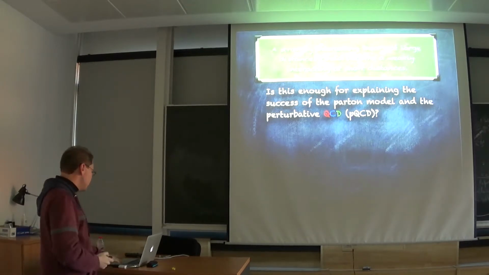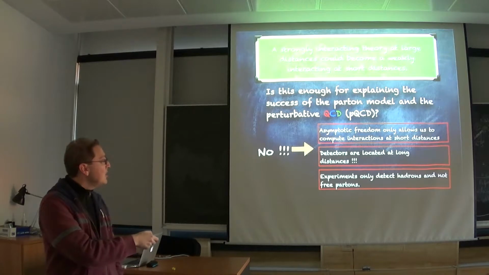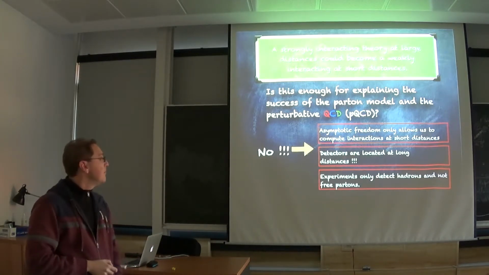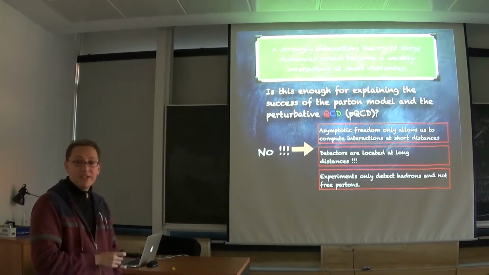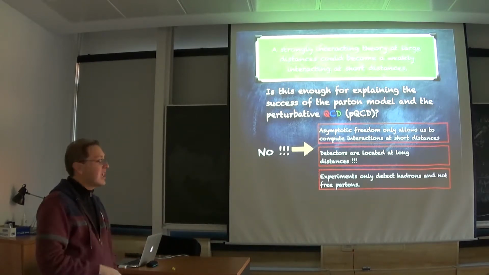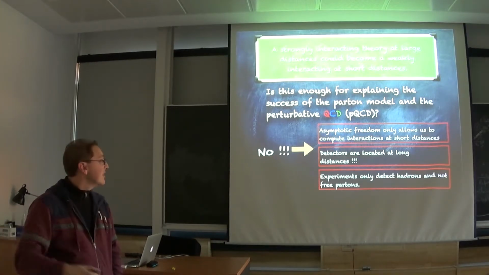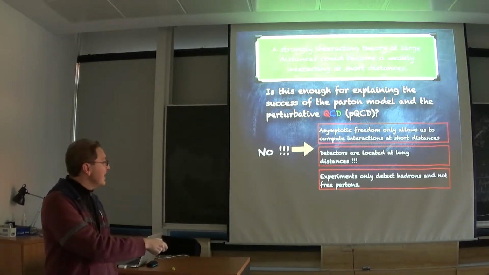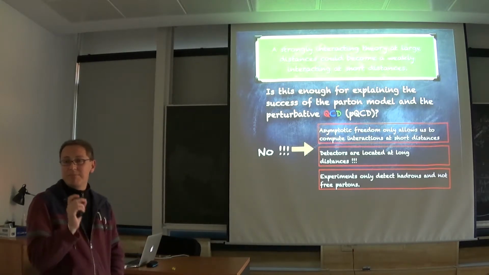And the answer, of course, is no, because, as I already mentioned, asymptotic freedom only allows us to compute interactions at short distances with very high energies, and the detectors are located very far from the interaction point, so the particles have to travel. And moreover, experiments have not detected a quark.